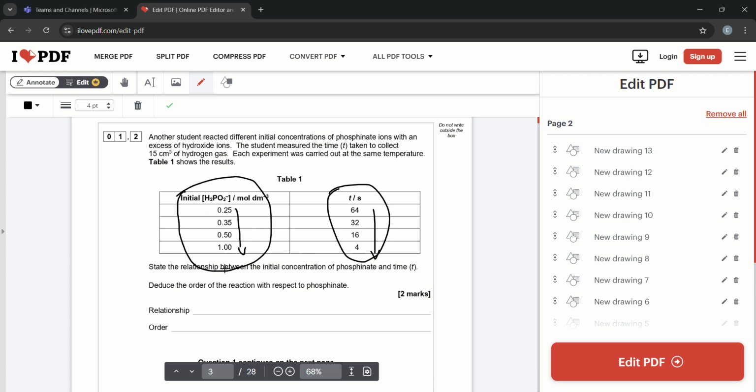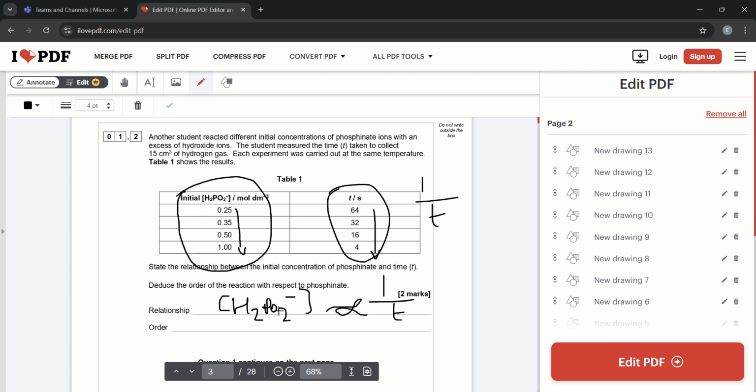So they are inversely proportional, but what we can say is H2PO2 minus is proportional to 1 over T. Because it's inversely proportional to T, it's going to be proportional to 1 over T.